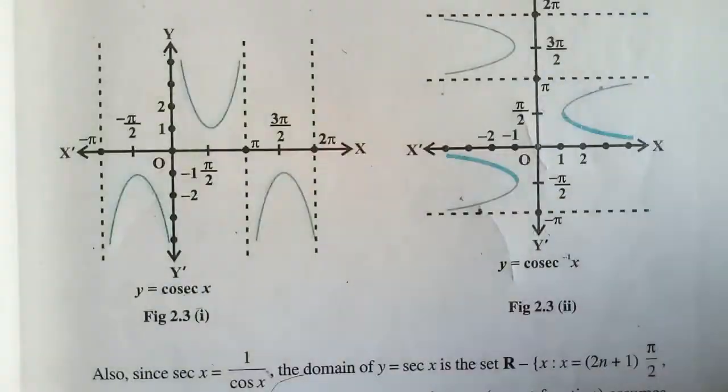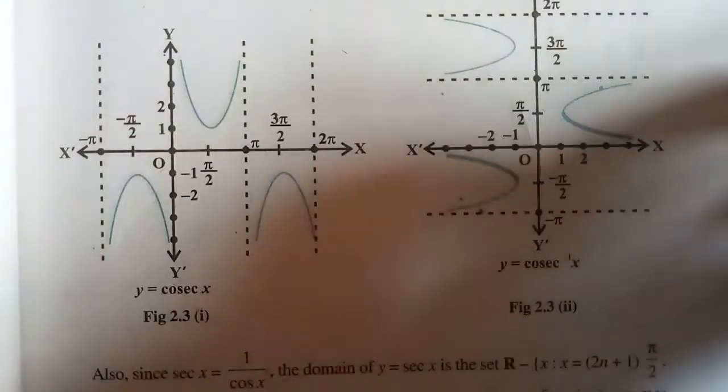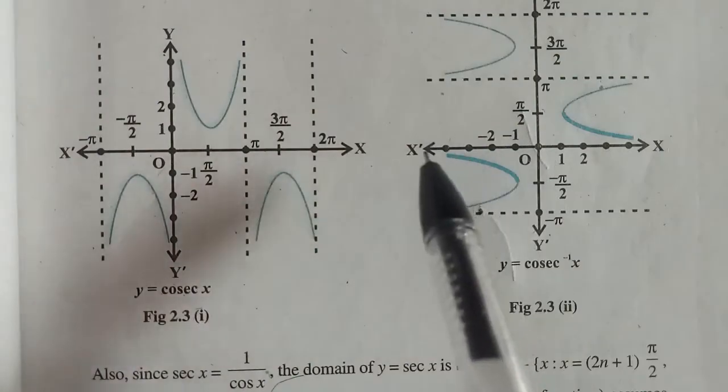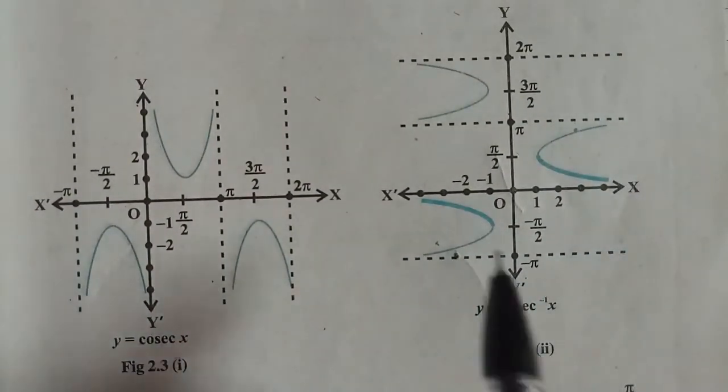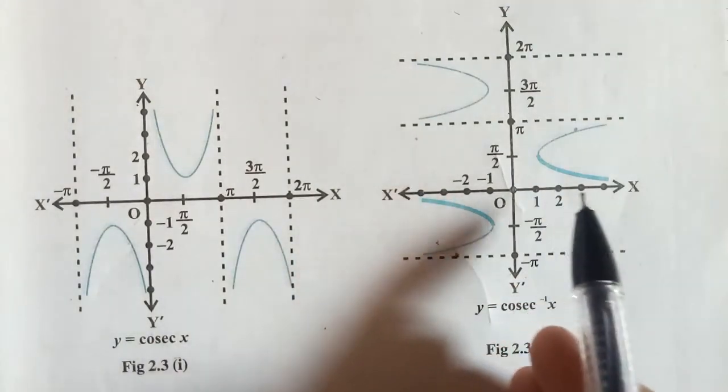Alright, now I have to write cosec inverse. The same thing, I have changed my axis, so x dash and y dash are here. This time you can see it is highlighted, this portion and this portion.